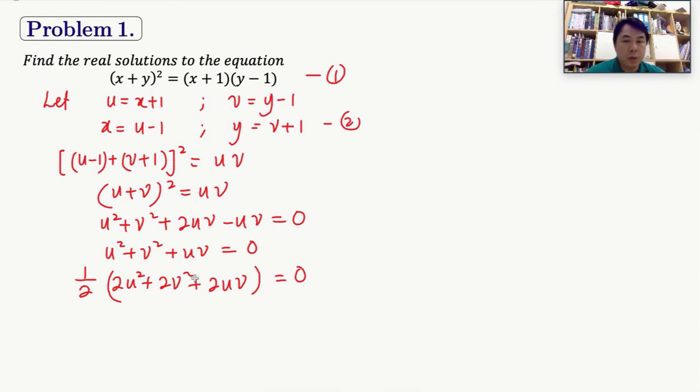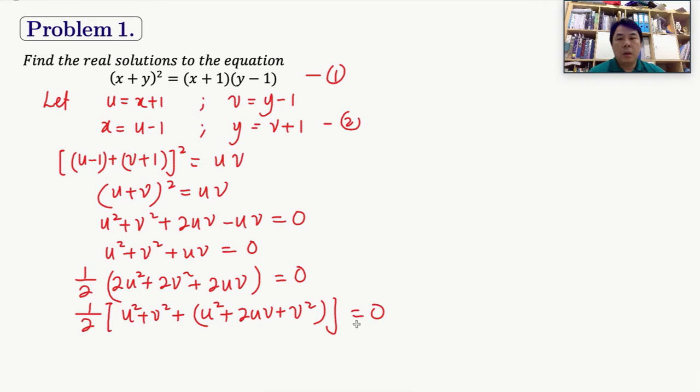It's the same strategy here, using divide and conquer on the expression, so we can write this as v² + u² + 2uv + v².